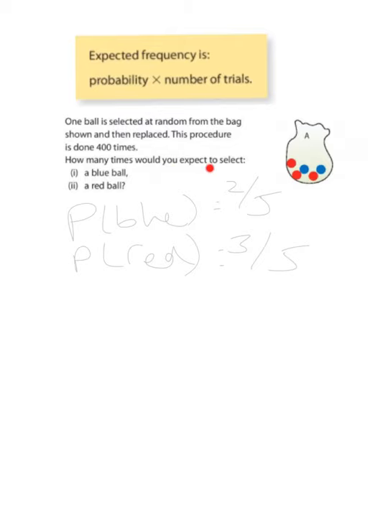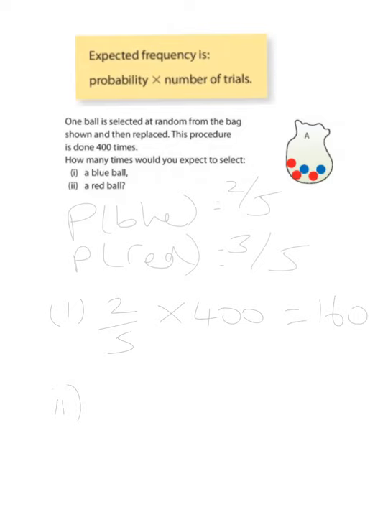So then we're looking for expected frequency, because they said how many times you expect to get a blue ball. So that is its probability multiplied by the number of trials. So the probability of getting a blue ball we said was 2/5 multiplied by the number of trials, which is 400, and that works out to be 160. So I expect to get 160 blue balls.